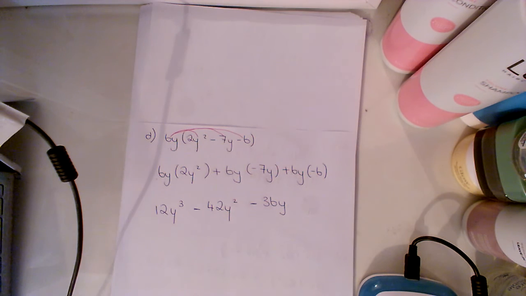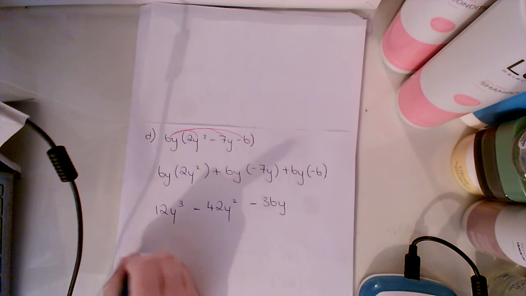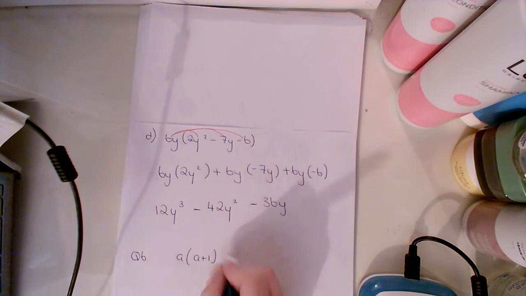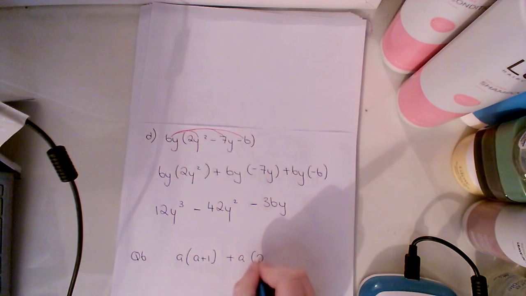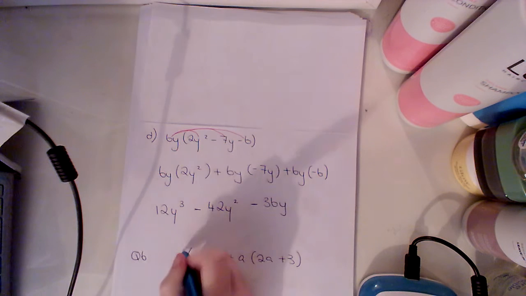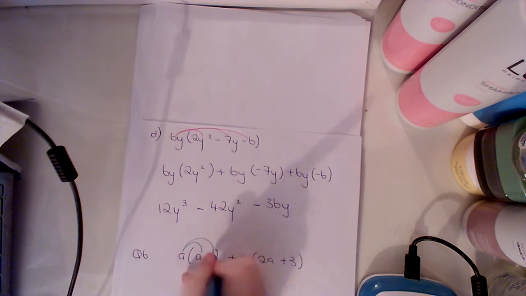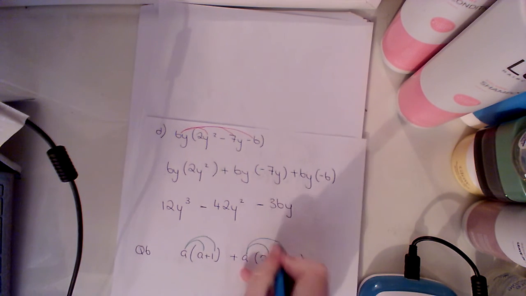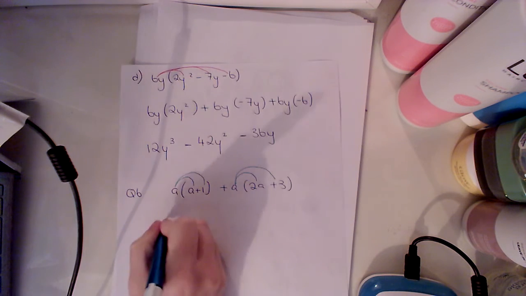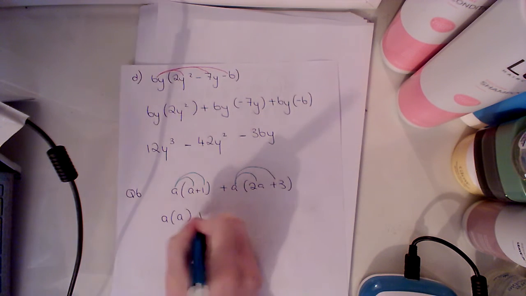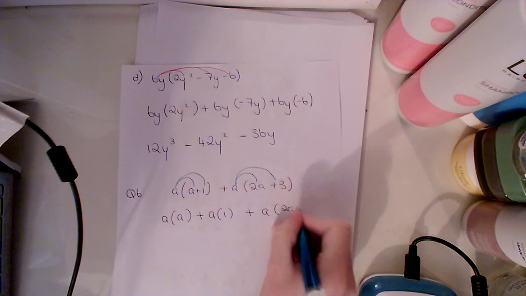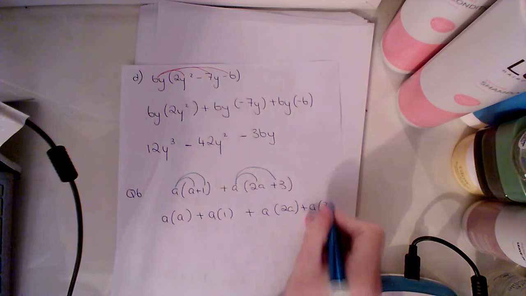Then I have question 6a. So question 6a looks like this. So I have a(a + 1) + a(2a + 3), and then I draw my arrows. So it'll be this times this, this times this, this times this, this times this. a times, as I rewrite it, so it'll be a(a) + a(1) + a(2a) + a(3).